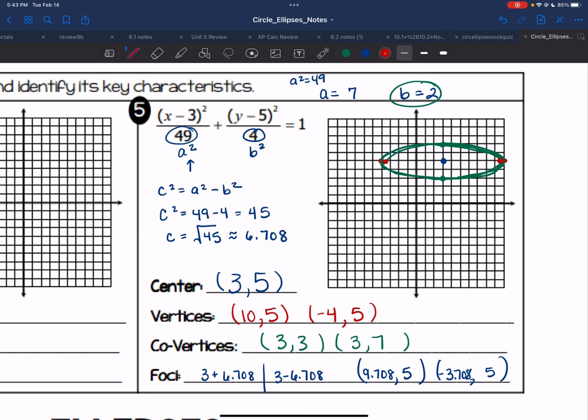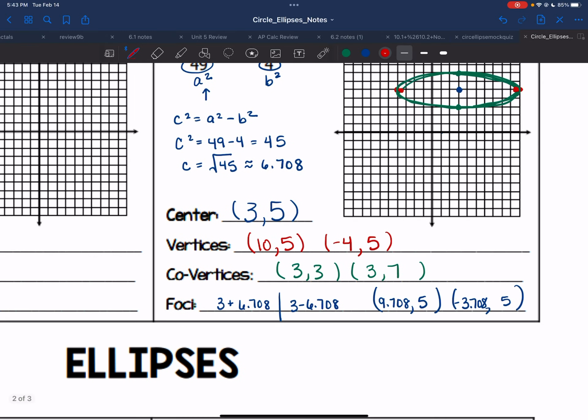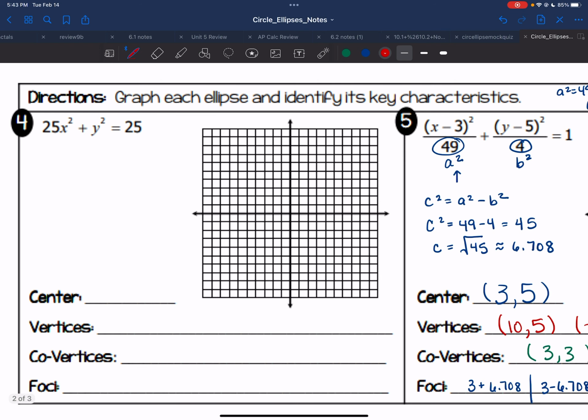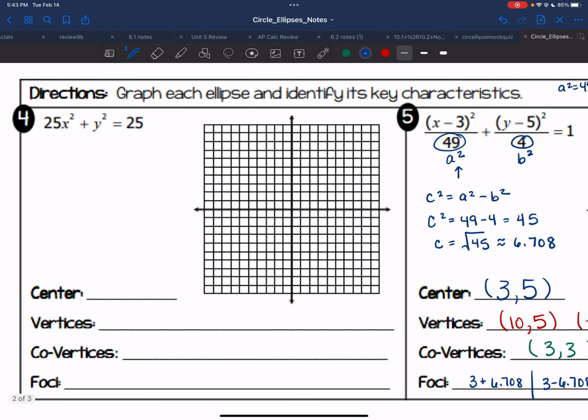All right, let's go back one, and we're going to check out this one. This is kind of interesting because we don't have our normal standard form that we're used to seeing. We can get it that way because we know we want it to equal 1. And so in order to get it to equal 1, I have to divide all parts by 25.